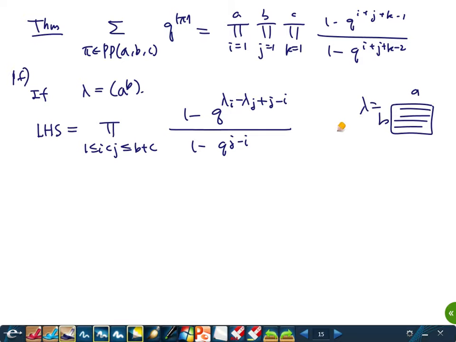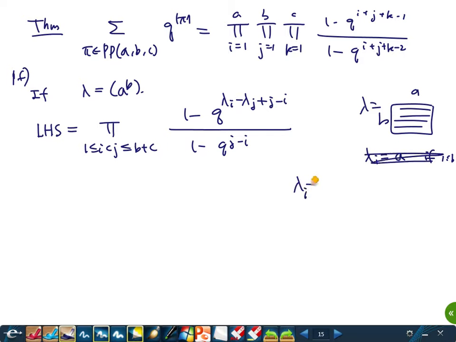What happened? Another mistake? Can you find the correct way to do that? Are they all the same? Like all A? Not really. You have to think carefully. Lambda i's are all A if i is less than or equal to B, because here i, j are up to B plus C. So, we don't have enough space.